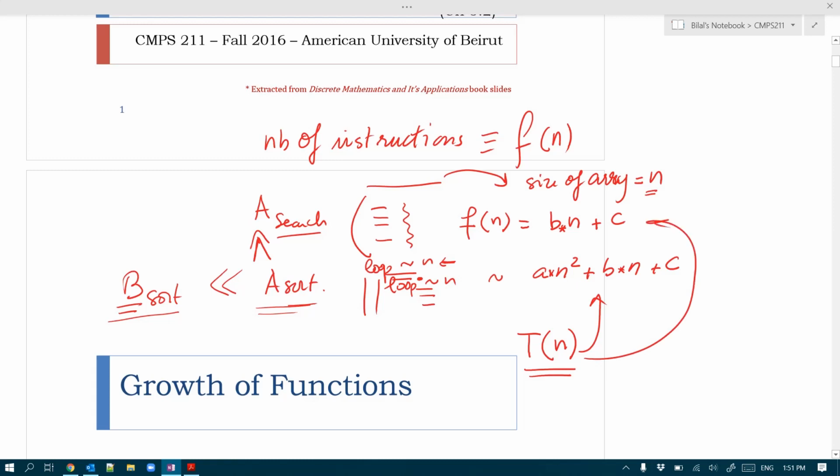So if here we are counting the number of instructions, we have just to multiply this total number by the time needed to execute one single instruction on that machine, and then we will get the runtime. So from the function we can calculate the runtime, whether it's on a mobile device with a tiny, limited spec, or on a desktop computer, or even a server, but not the inverse.